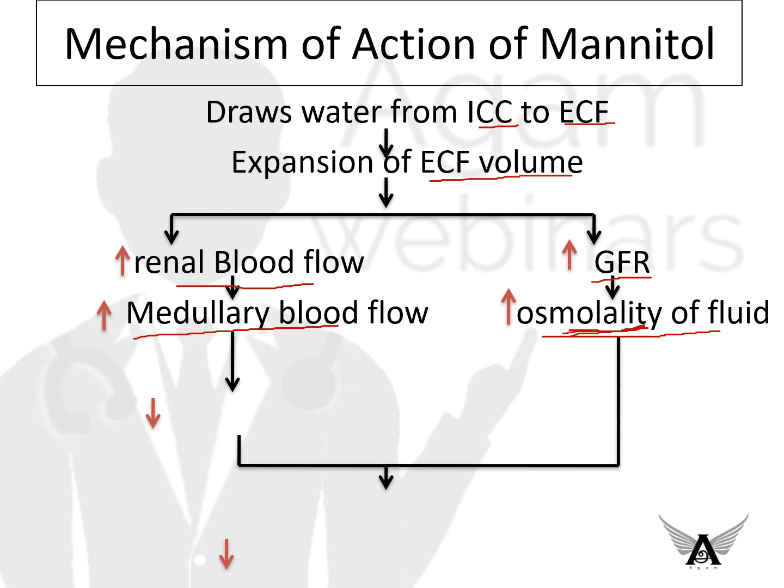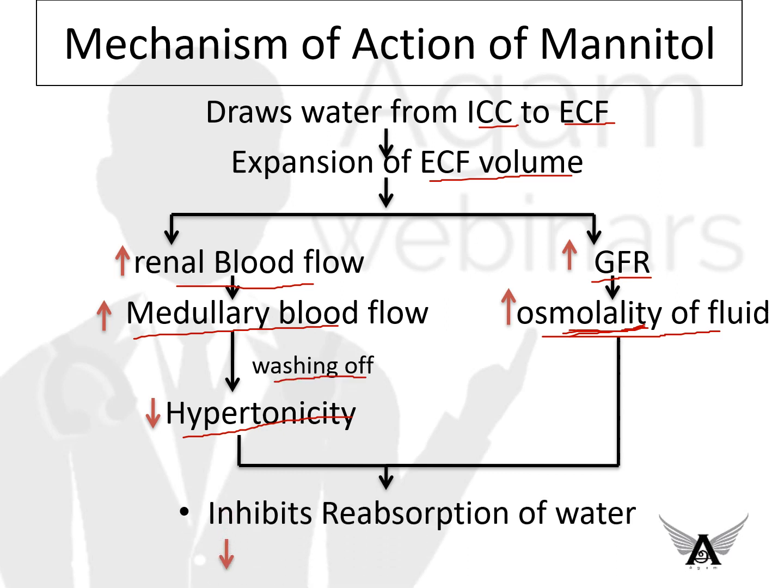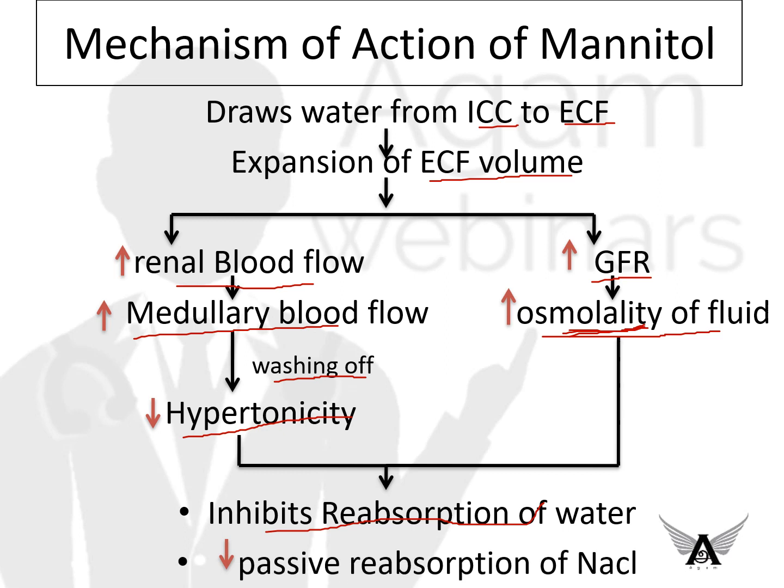When the medullary blood flow increases, there is a decrease in hypertonicity of the medulla. Why is there a decrease in hypertonicity? It's because of the washing off phenomenon, and this inhibits the reabsorption of water. Both of them together result in inhibition of reabsorption of water and also a decrease in passive reabsorption of NaCl.